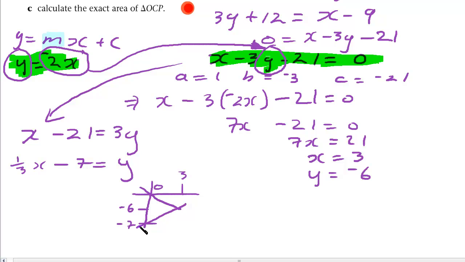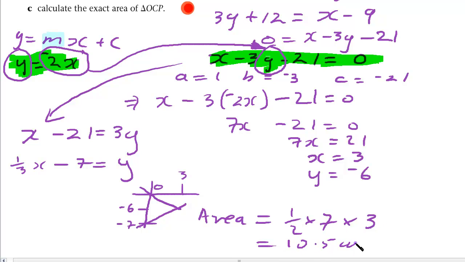This distance is 7 and this distance is 3. So the area will equal a half times the base, 7, times the perpendicular height. We know this is perpendicular to the base because this is the y-axis and this is an x-axis. So times by 3, that gives us 21 times a half, which is 10.5 units squared.